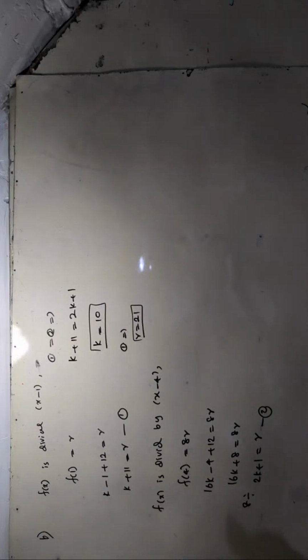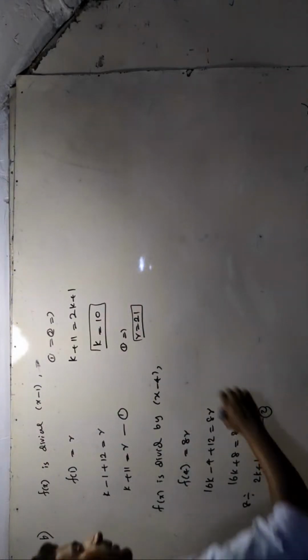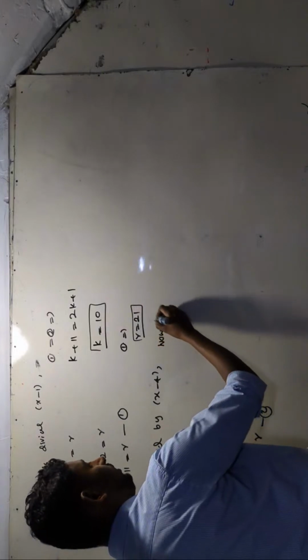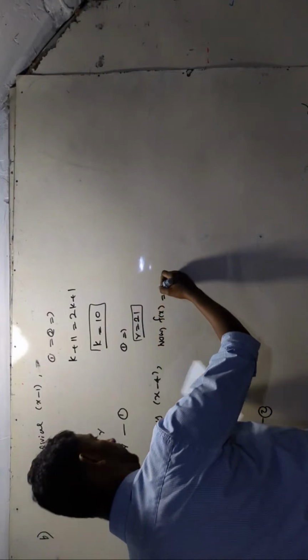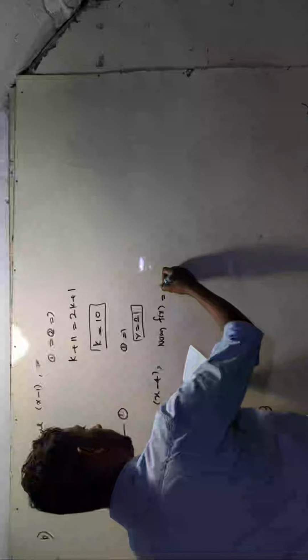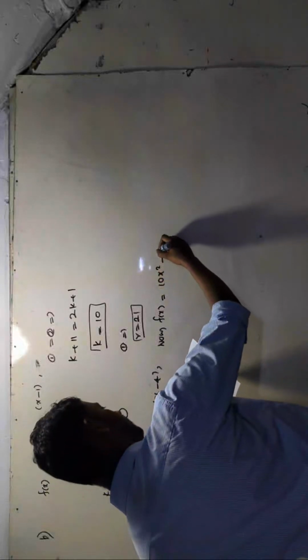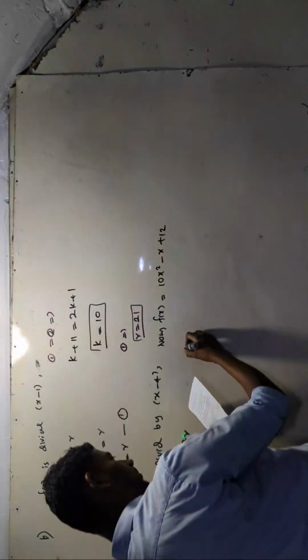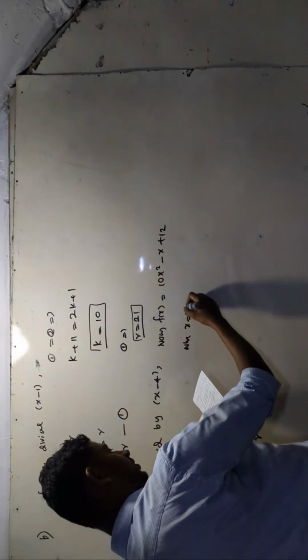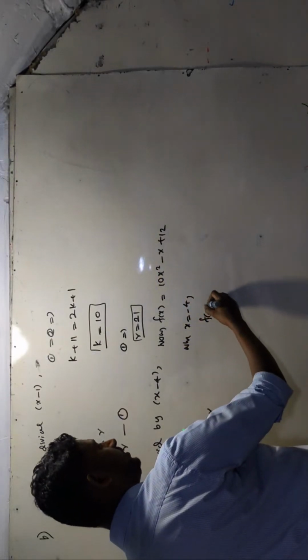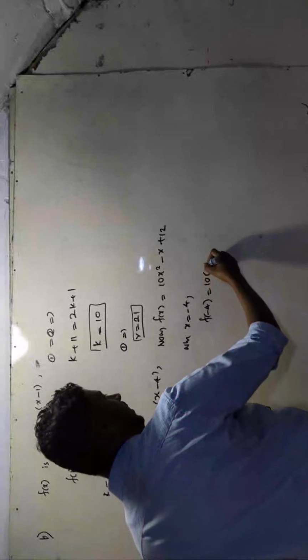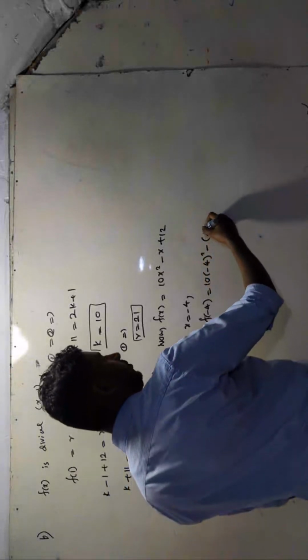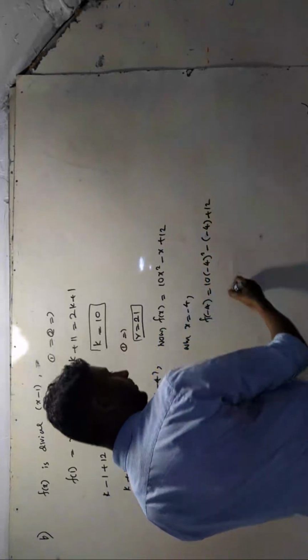Okay, right. Find k and r. Show that x plus 4 is a factor of f(x). Right. Now f(x) is equal to kx squared, that means 10x squared minus x plus 12. So when x is equal to minus 4, f(minus 4) is 10 into minus 4 squared minus (minus 4) plus 12.